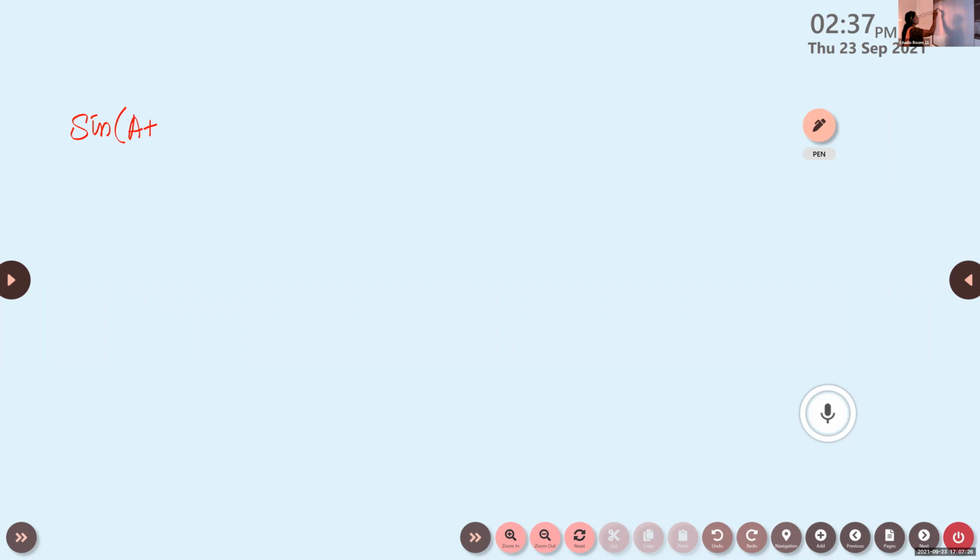What is the formula we have learned? Sine of A plus B is sine A cos B plus cos A sine B. Suppose I want to find the formula for sine 2A. 2A means how can we split this?